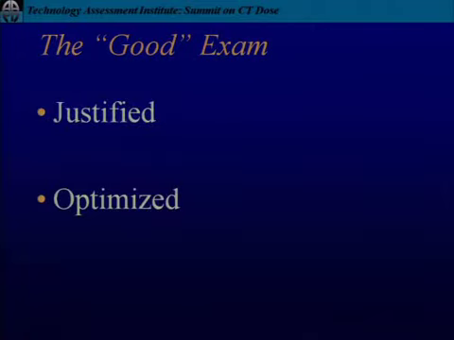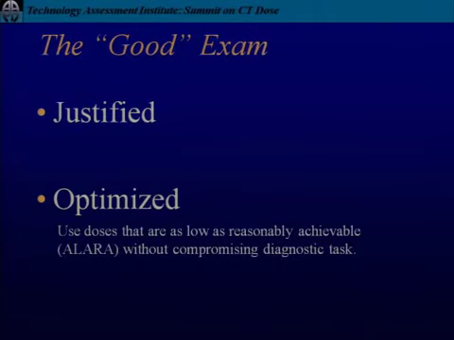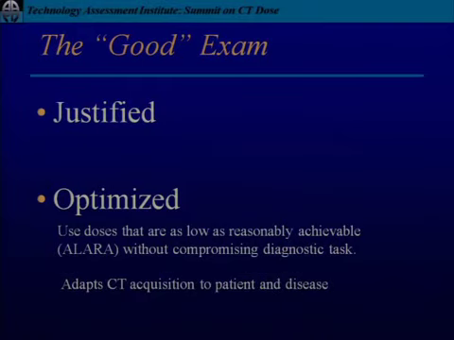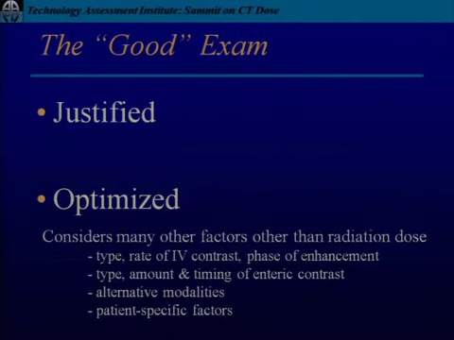So, along with justification, the exam needs to be optimized. Of course, we're all familiar with ALARA, using doses as low as reasonably achievable without compromising the diagnostic task, and adapting the CT acquisition to the patient and the disease. But there's a lot of factors to consider along with the radiation dose, and I do want to focus on those, so as you work to optimize your protocols, you're thinking about them.